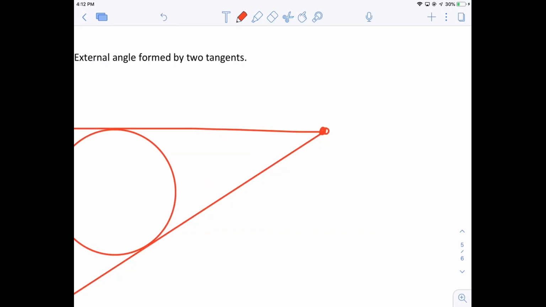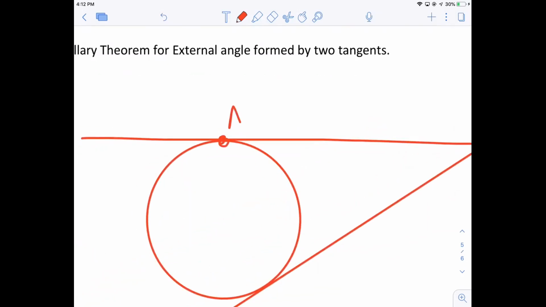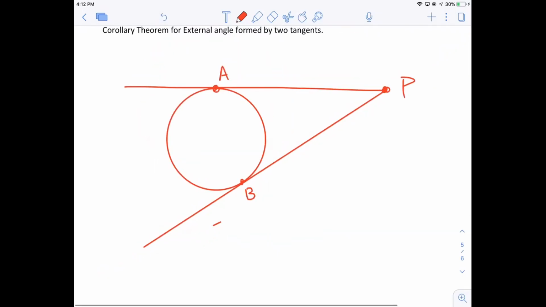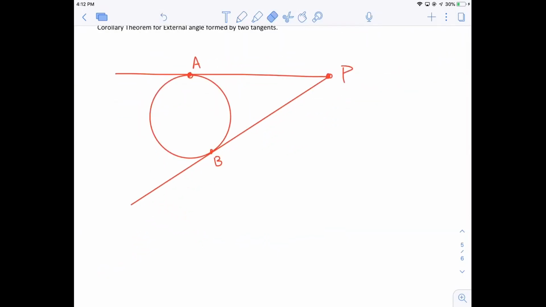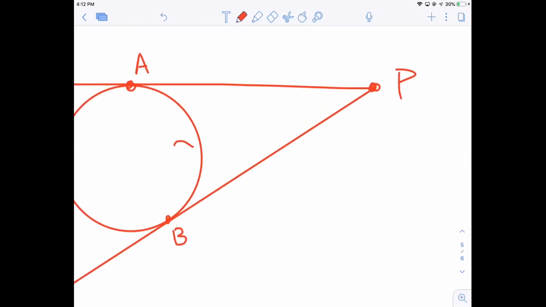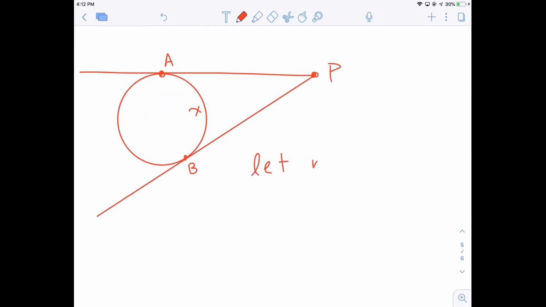And let's say they intersect at this external point P with points of tangency at A and B. So to make this simple, I'm going to call this minor arc AB X. So let X equal the measure of arc AB.